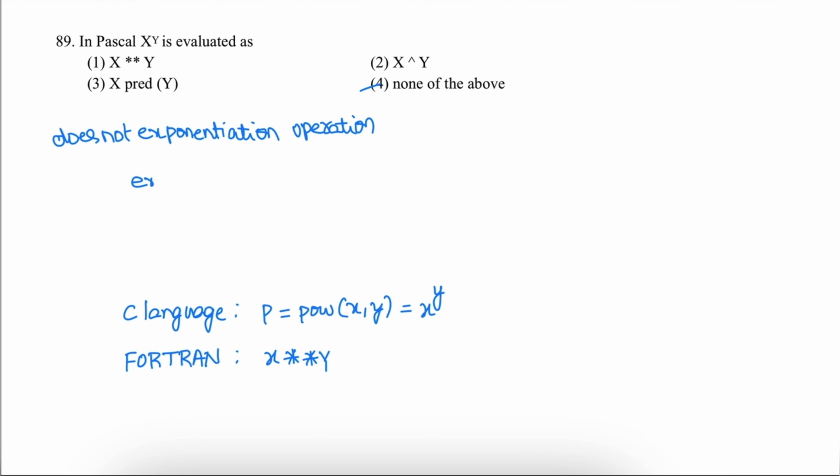That is exponential of b star ln of a, which is nothing but a raised to the power b. In this way, we can execute the operation in Pascal, but directly we cannot perform x raised to the power y in Pascal. So correct option is 4.